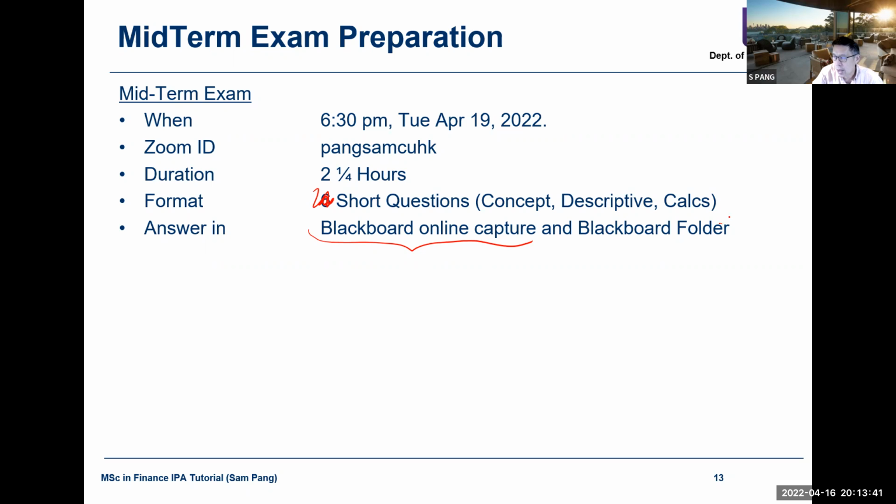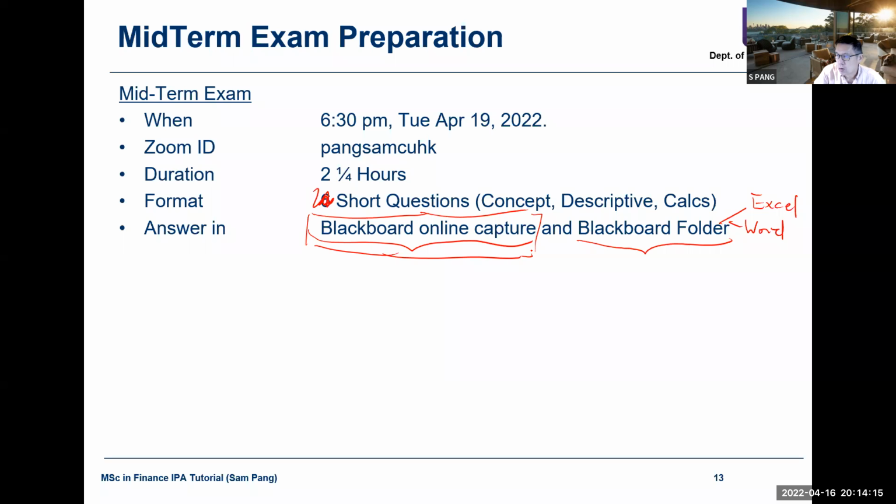you will need to hand in either Excel or Word. Look, on the day, just look at the question carefully. All right, Excel or Word or both. And we're going to set up another folder for you to do so. All right. And so you just answer most of the questions actually in Blackboard Online Capture.